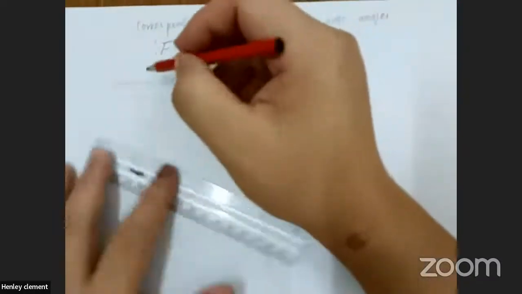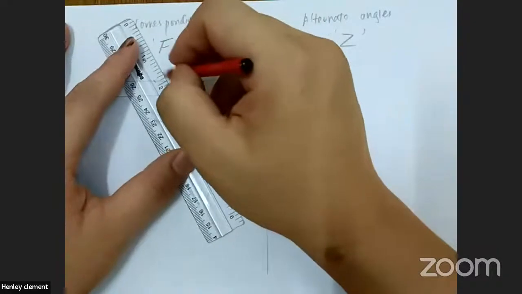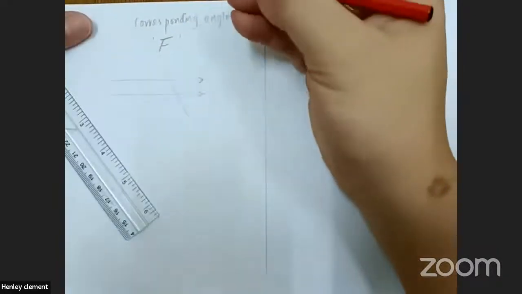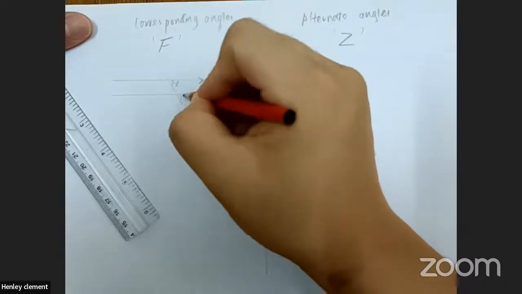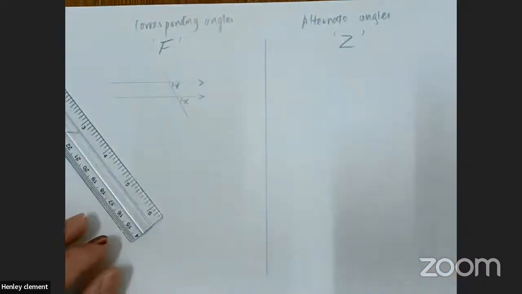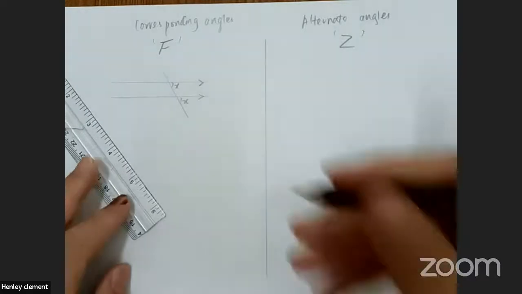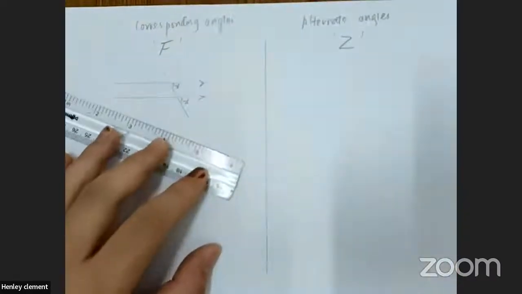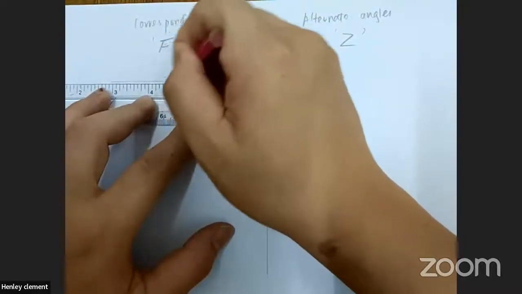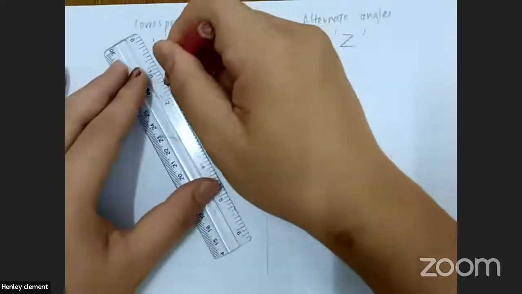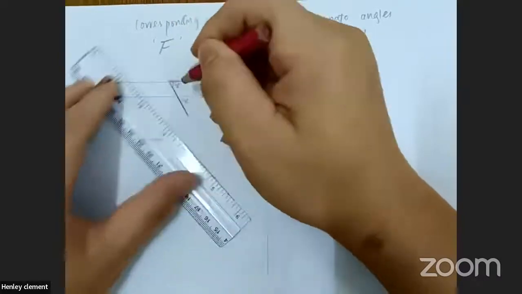And then there's a line crossing it, for example. If this is the X, then this must be the X. How do you know this one? Just like I showed you with the letters, the F angle is there. You see an F from here. You see an F from here.